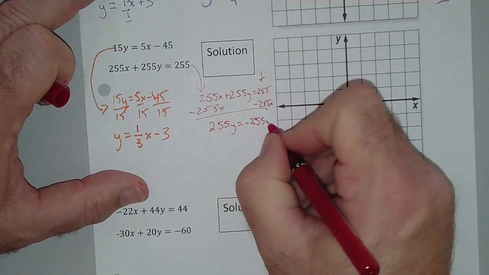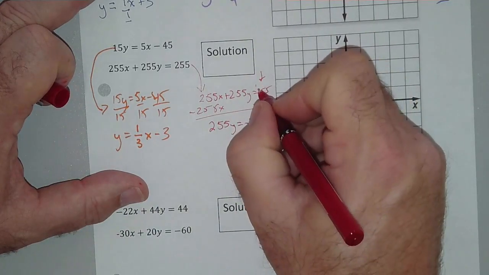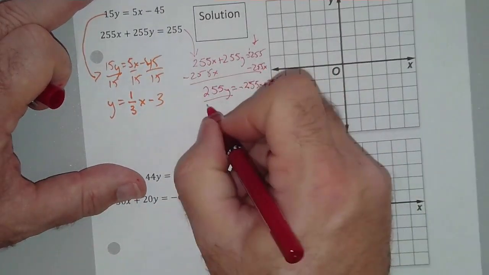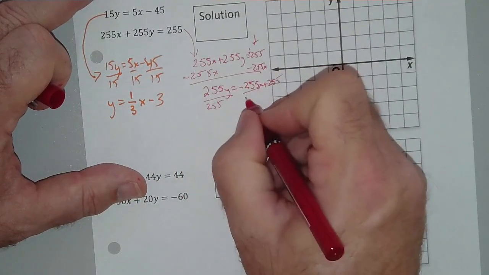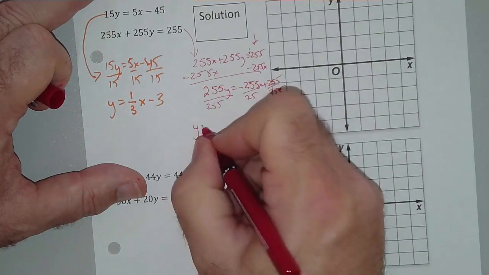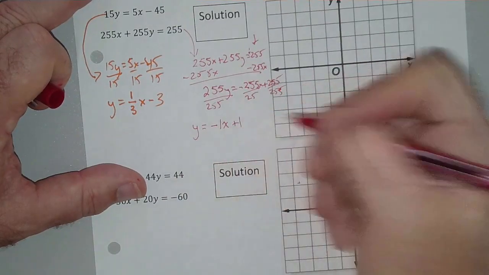So 255x, oh, what have I done here? Plus 255. This was positive to start with, so it's going to be positive to finish. Now we're dividing by 255, and dividing by 255, and dividing by 255. Sorry for running out of room. And I get y equals negative 1x plus 1.